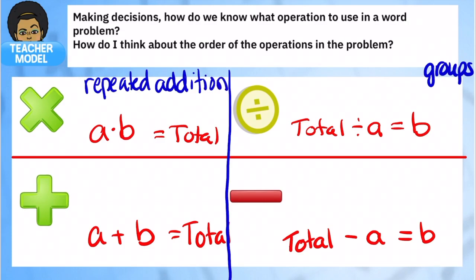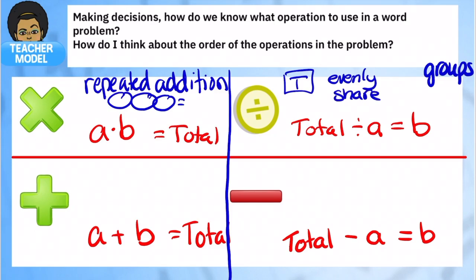So if you have groups of the same thing and you're making more of them to get a total, then you might be doing multiplication. If you have a total and you're evenly sharing, like you're constantly taking out the same amount again and again, you might be doing division.